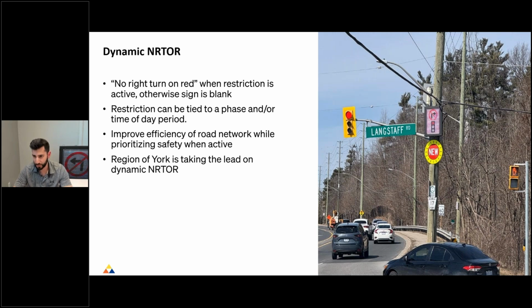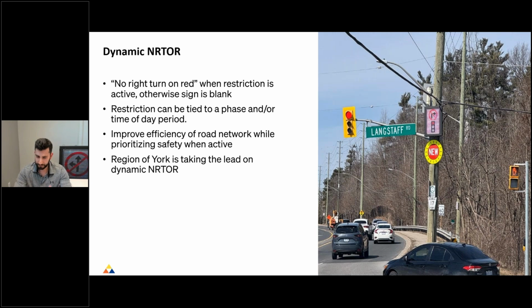And this leads us to what I'm most excited to talk about today, and that's dynamic no right-hand turn on red. So just to briefly explain, instead of applying a blanket restriction through static signage, dynamic no right-hand turn on red uses a digital blankout sign to activate the restriction when a specific condition, maybe a specific traffic phase, is active or a specific time of day plan is active.